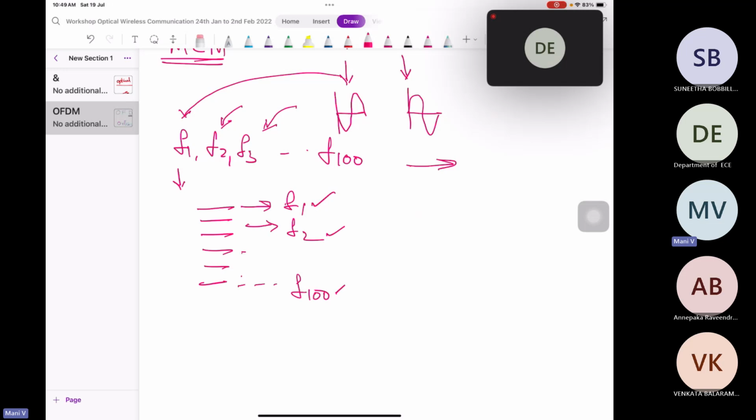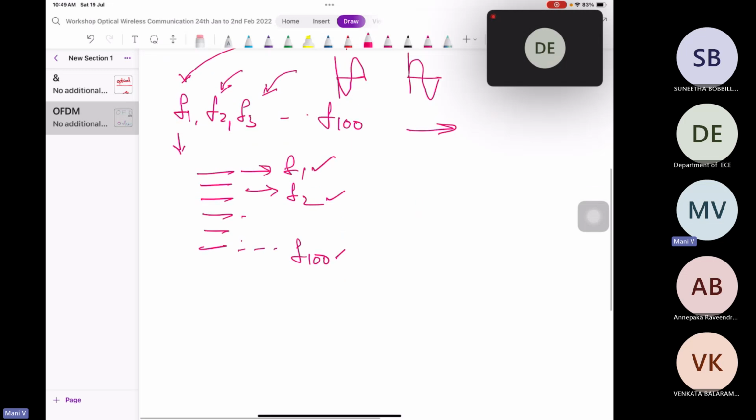You know the meaning of orthogonality. So what is orthogonal? Suppose cos 2 pi f1 t is one signal and cos 2 pi f2 t is another signal. If we integrate the product from -infinity to +infinity with respect to dt, we will get a resultant of 0.